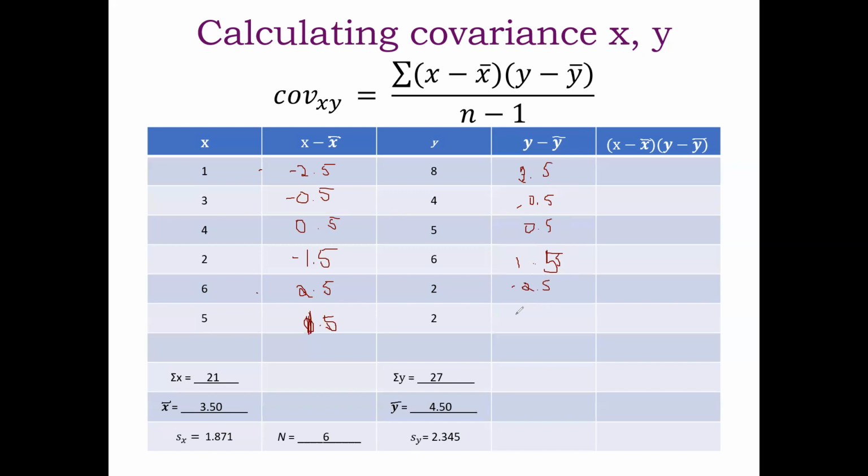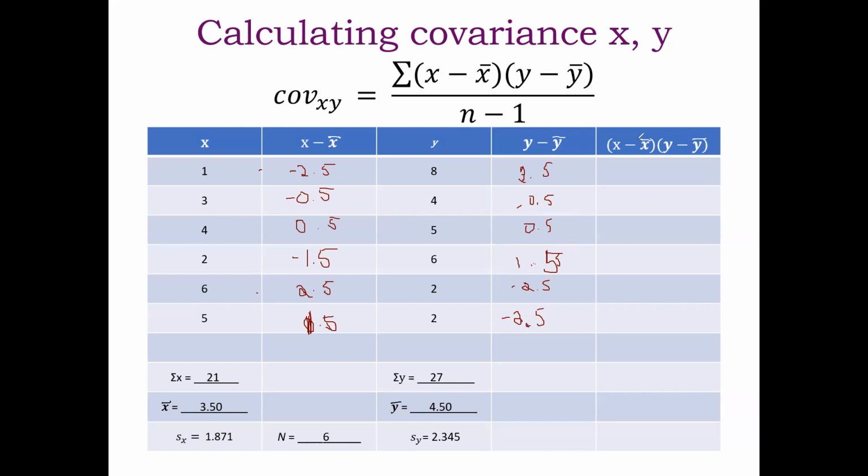And 2 minus 4.5 is negative 2.5. All right, so let's add this up. 3.5 minus 0.5 is 3, plus 0.5 is 3.5, plus 1.5 is 5, minus 2.5 is 2.5, minus 2.5 is 0. So these add up to 0 too.